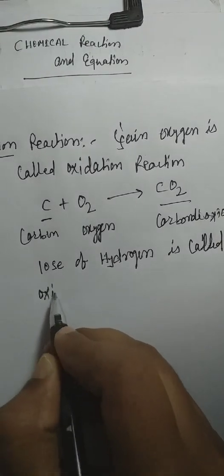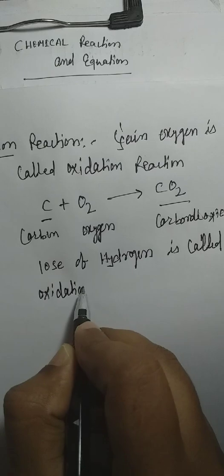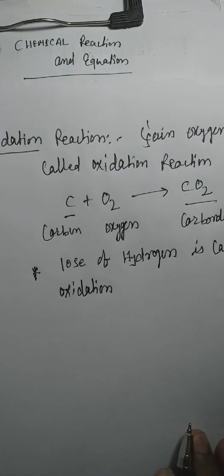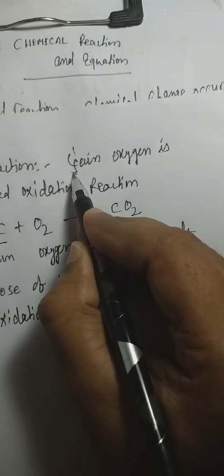So these three methods you have to see and observe in the chemical reaction. We have two definitions for oxidation. One for oxidation is gain of oxygen. See, this is the key factor we have to learn. Gain of oxygen, and there is loss of hydrogen.